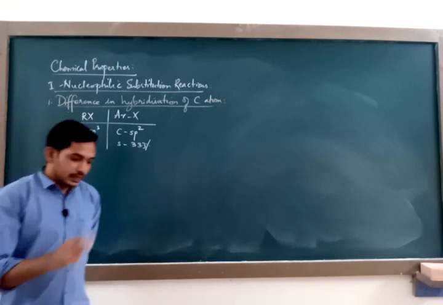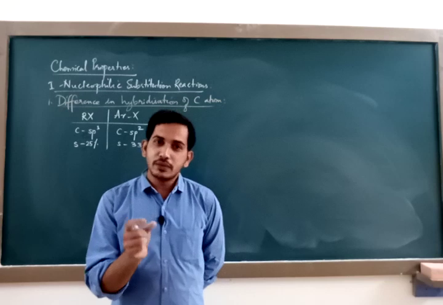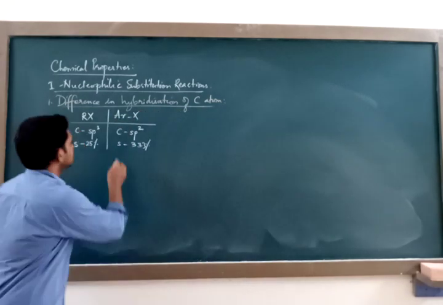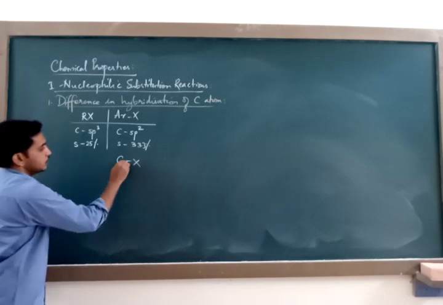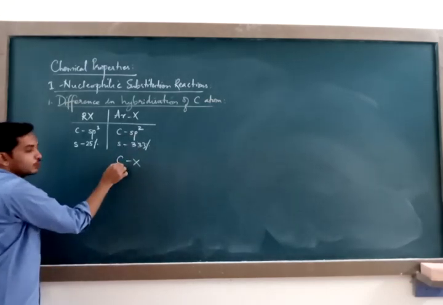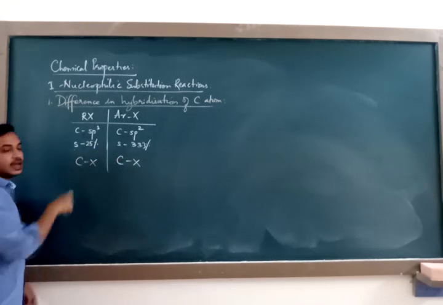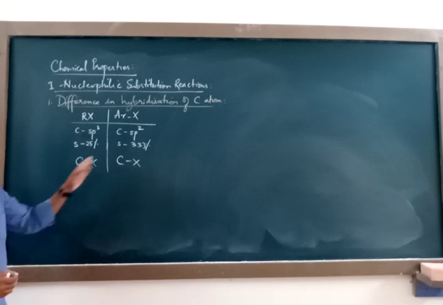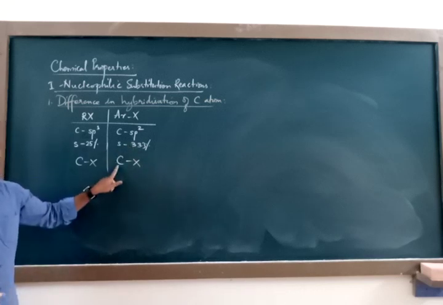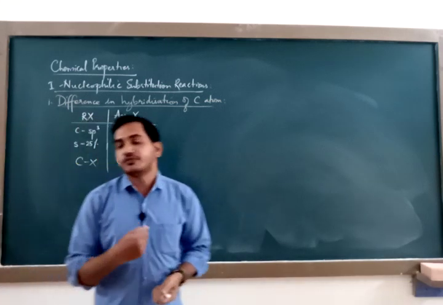Always remember, greater the percentage of s character, more will be the electronegativity of that atom. I mean to say, this carbon atom to which halogen is attached, it is sp2 hybridized. Its electronegativity will be higher when compared to the C-X bond of haloalkanes. Greater the electronegativity, stronger is the pull of the electrons.